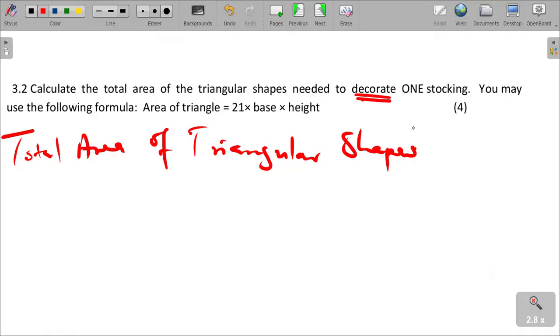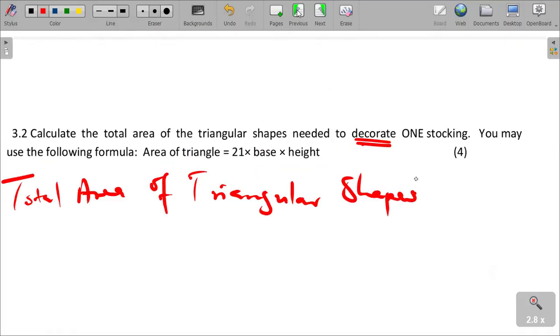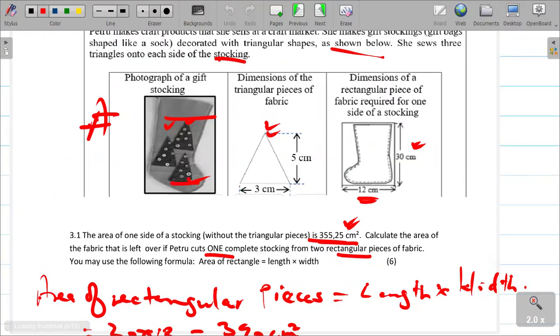There are 3 triangles on each side. And since the stocking has 2 sides, there are 6 triangles in total.